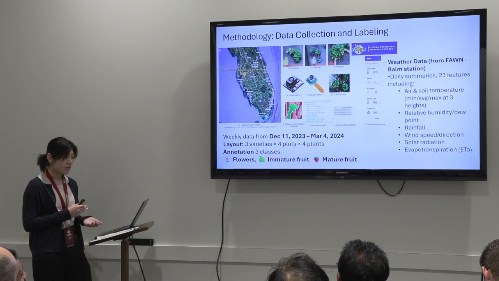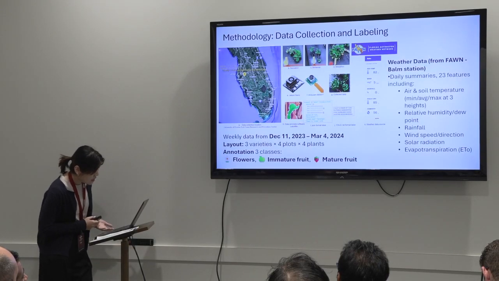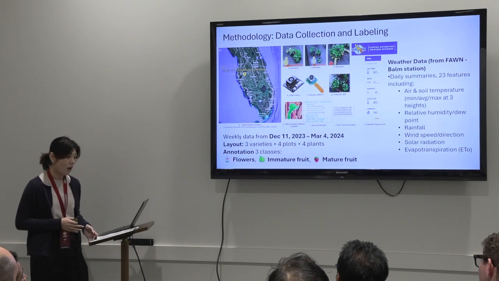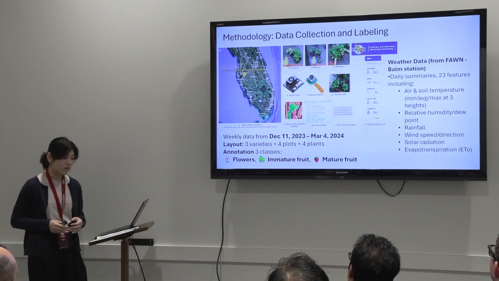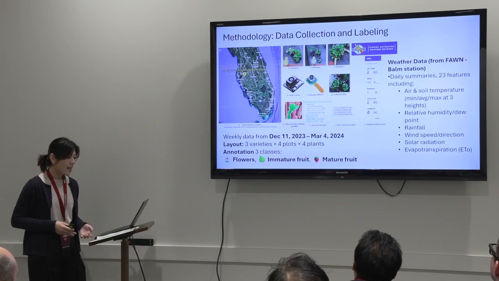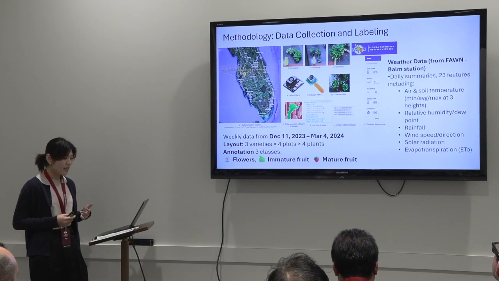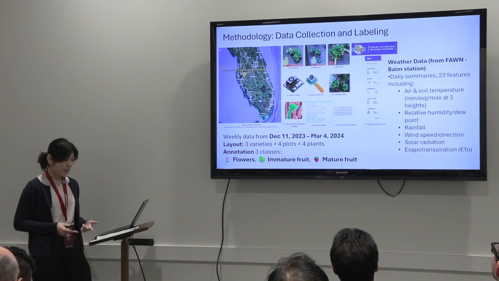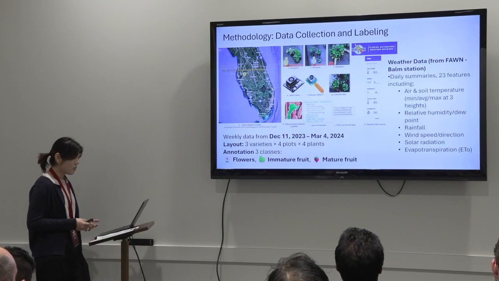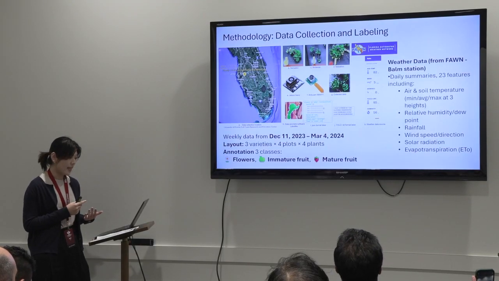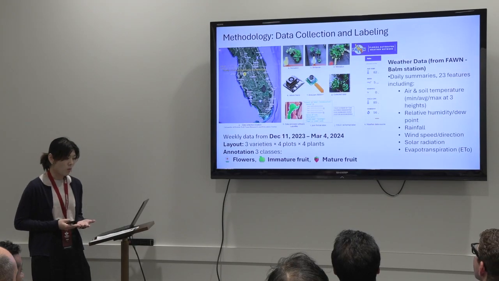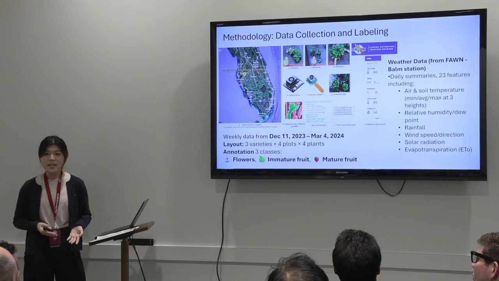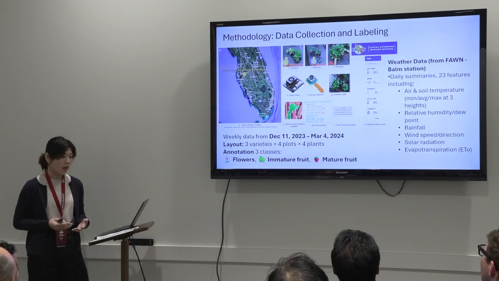So far we have 3 varieties: Sensation, Brilliance, and Medallion, which are all very popular among customers. We have 4 plots, and for each plot we have 4 plants. We categorize the strawberry stages into 3 classes. The first is the flowers, another is the immature fruit, the small green or white fruit, and also the mature fruit, which means it is ready to be harvested.